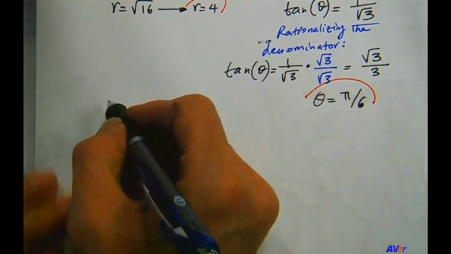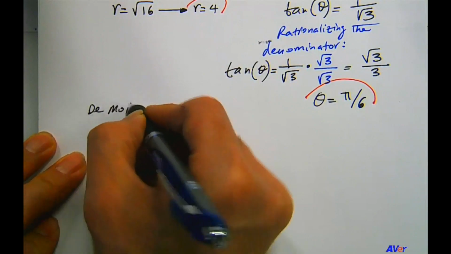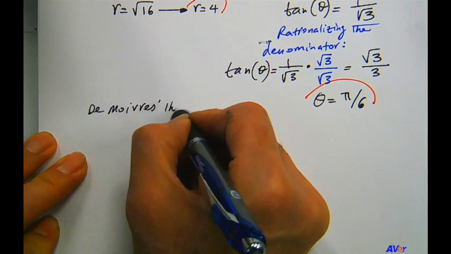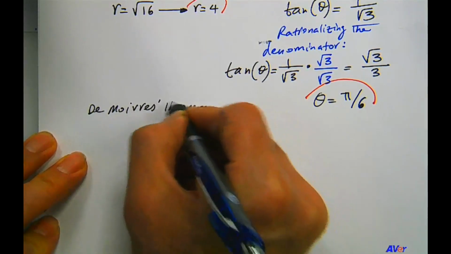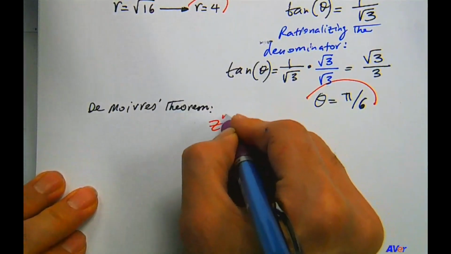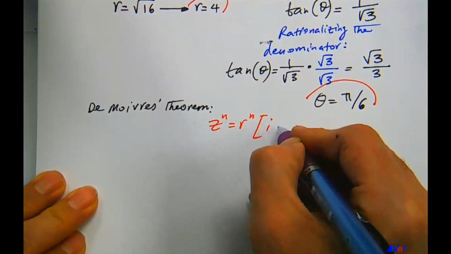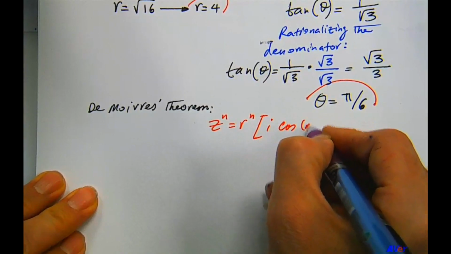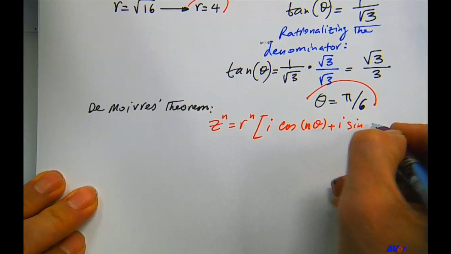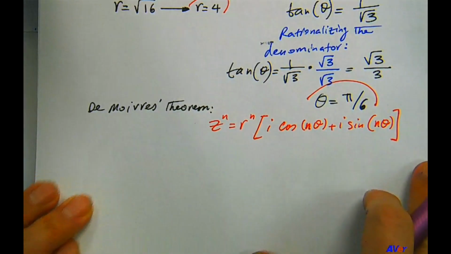So here again is de Moivre's theorem: z to the n equals r to the n times cosine n theta plus i sine of n theta.